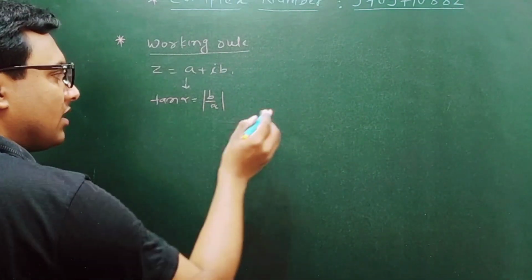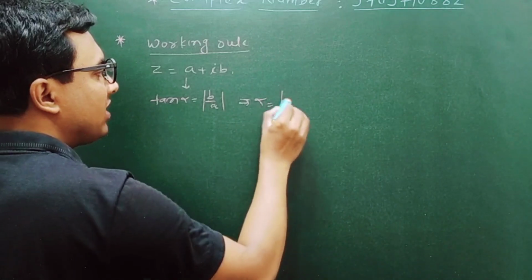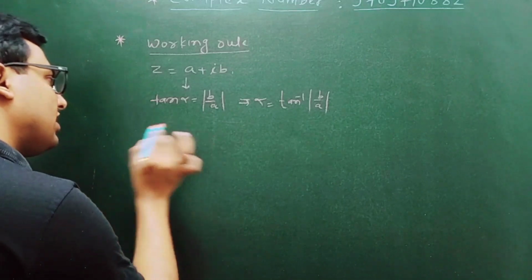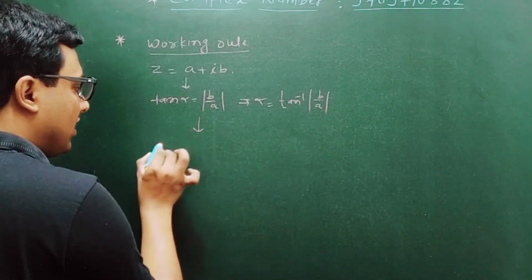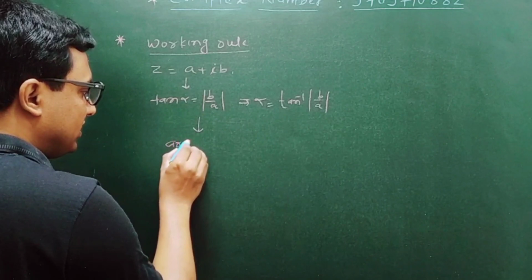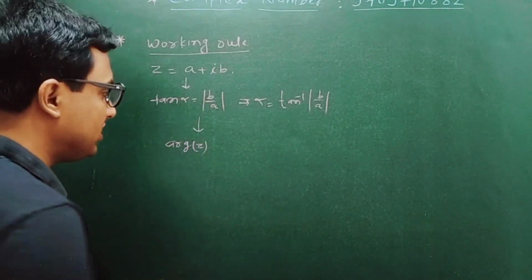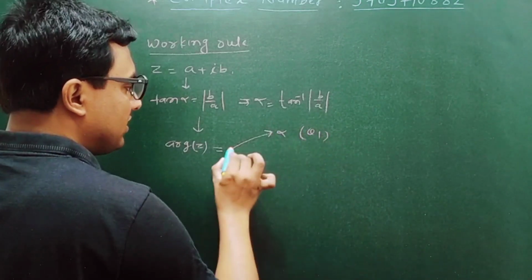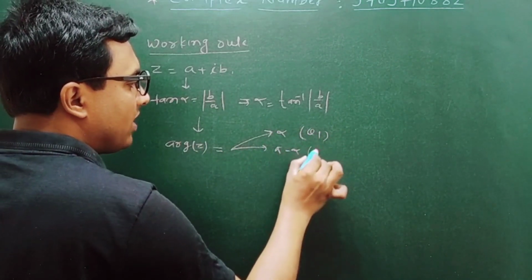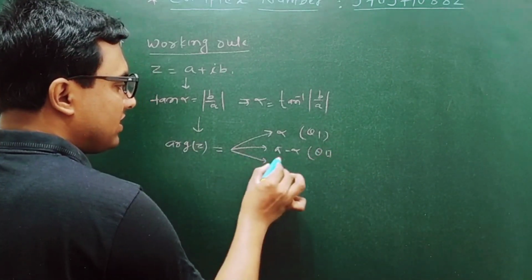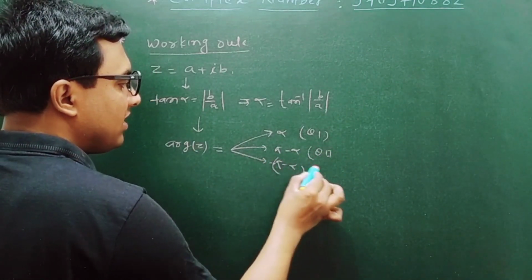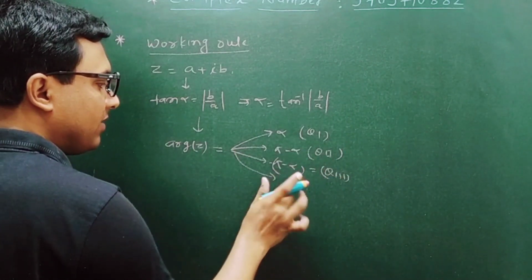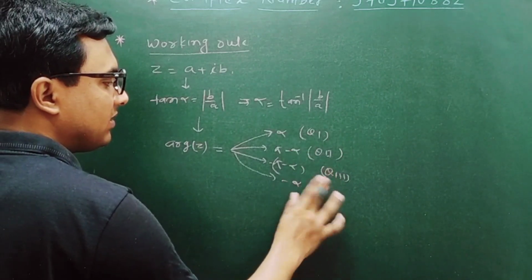And here alpha is equal to tan inverse of modulus of b by a. Now the argument of z, here meaning principal argument: alpha in the first quadrant, pi minus alpha in the second quadrant, minus of pi minus alpha in the third quadrant, and minus alpha in the fourth quadrant.